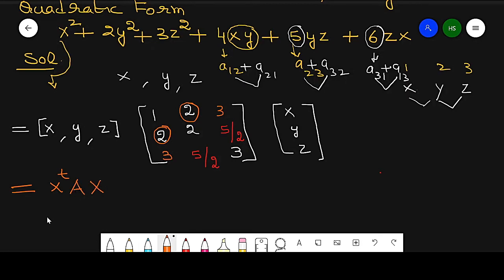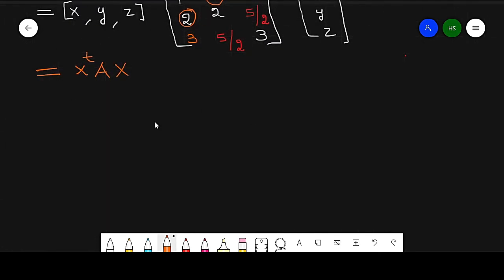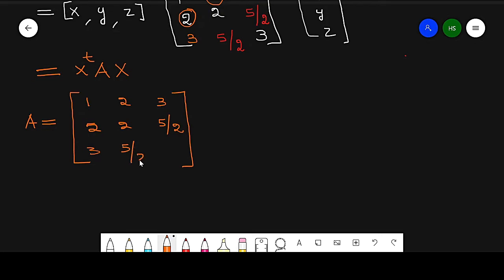So what we get is A matrix, which is a symmetric matrix, equal to 1, 2, 3, 2, 5 by 2, and here 3, 5 by 2 and 3.